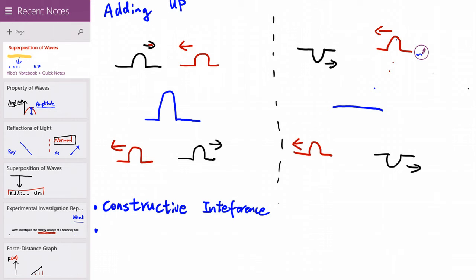Constructive interference occurs when waves meet in phase. When they meet in phase, we have a higher amplitude. We call that an antinodal point.